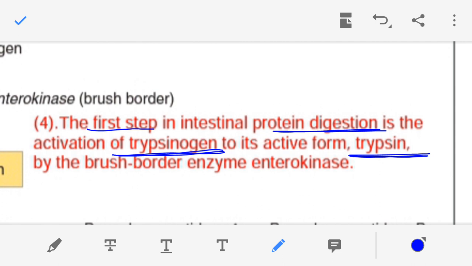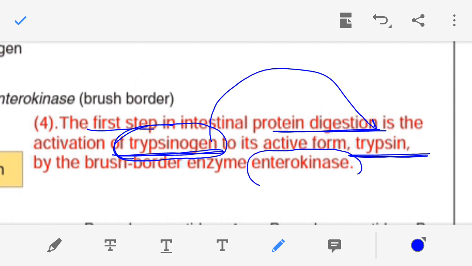Now the enzyme which is responsible for the activation of trypsinogen and its conversion into trypsin is enterokinase. And where is this enterokinase enzyme located? This enzyme is present on the brush border of the enterocyte.